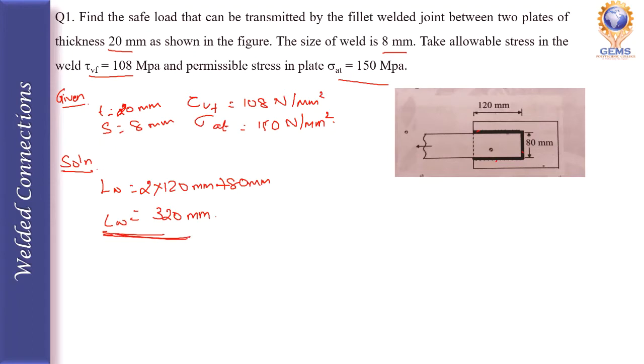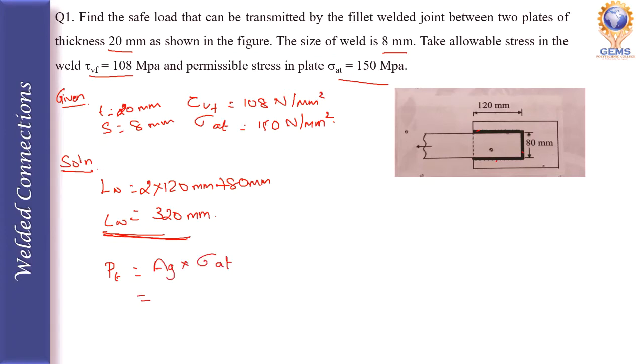Then we will find the tensile strength of a smaller width plate. Why? Because the smaller width plate has the least sectional area and the least strength. That's why we are finding the tensile strength of the smaller width plate. Formula is Ag into sigma At.